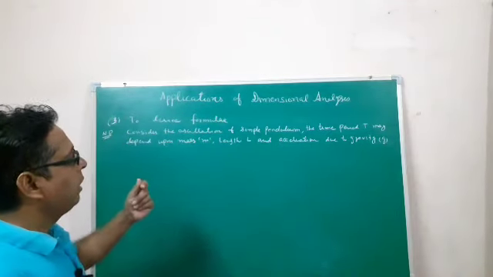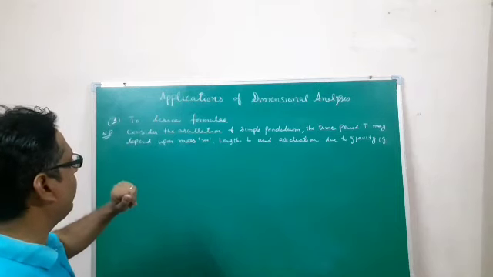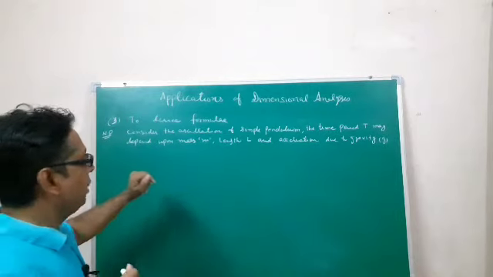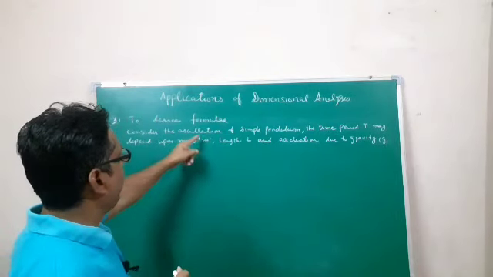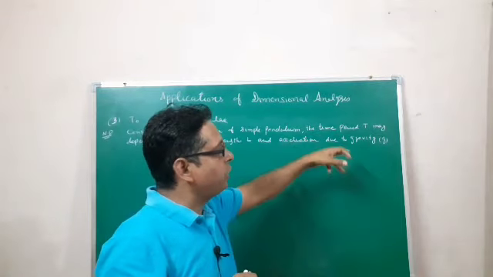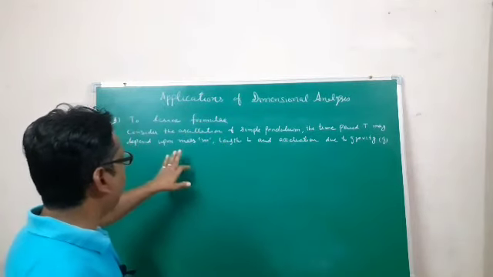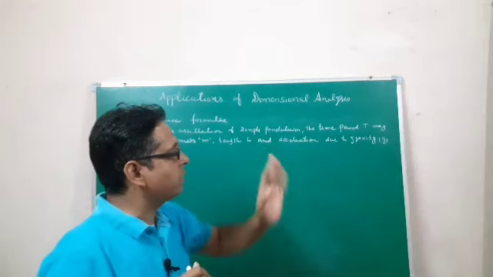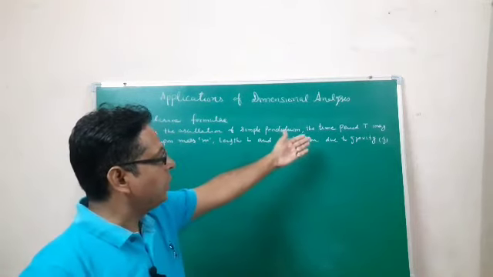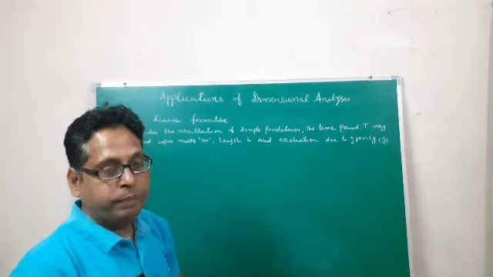For that I am going to take one example of simple pendulum. The statement says: oscillation of simple pendulum, the time period T may depend upon the mass, length and acceleration due to gravity, right? So I am to find the formula for the time period.